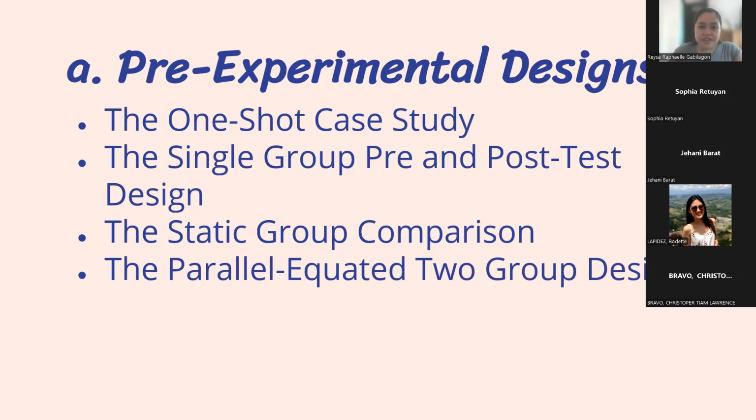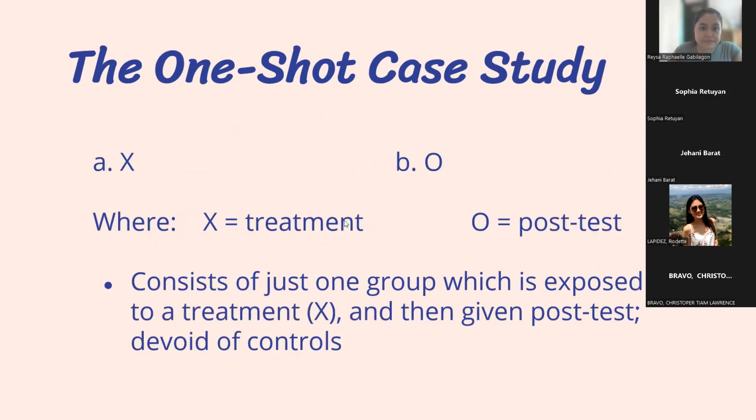Now under this, we have the specific ones, the one-shot case study. You may also do single group pre and post-test design, static group comparison, and parallel equated to group design. Let's talk about them one by one.